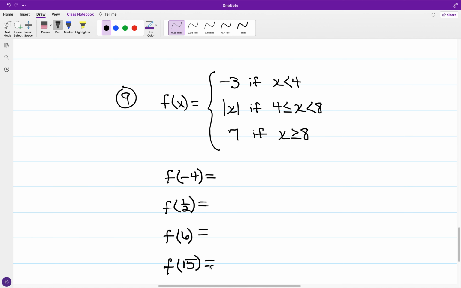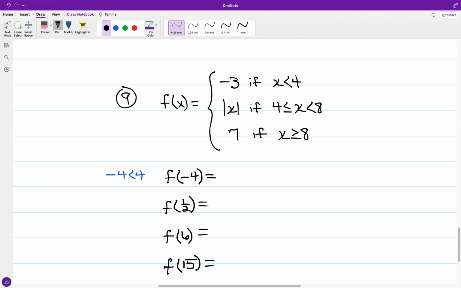In terms of what to do with each of these inputs, we look to see which of the inequalities each of the inputs will belong to. So for negative 4, right off the bat, negative 4 is less than 4. And because this fits inside the first inequality, the functional operative that corresponds comes out to just the constant value, negative 3.